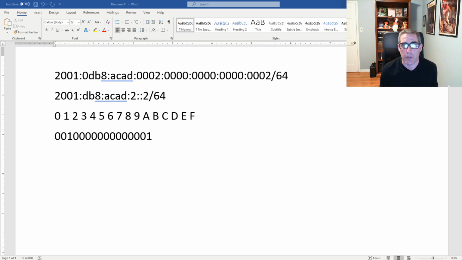So that's a global unicast address, and that can be applied to an interface of a router or theoretically to a computer. As we move on to DHCP, we'll see different types of addresses there.